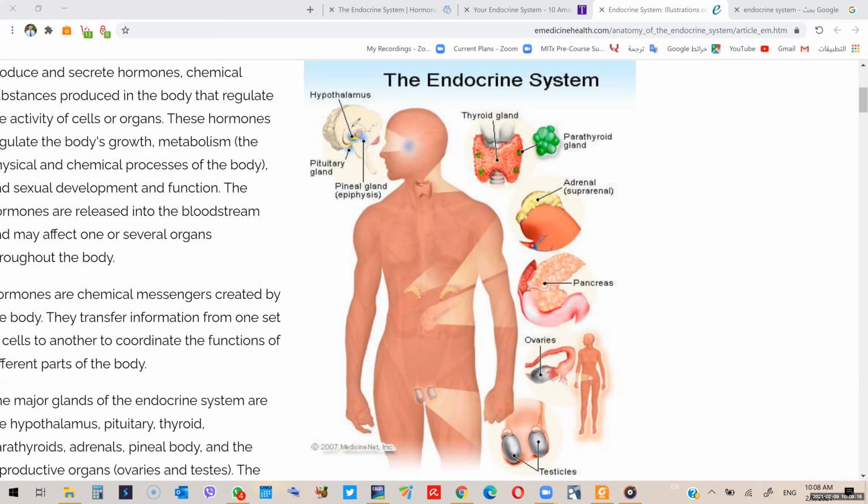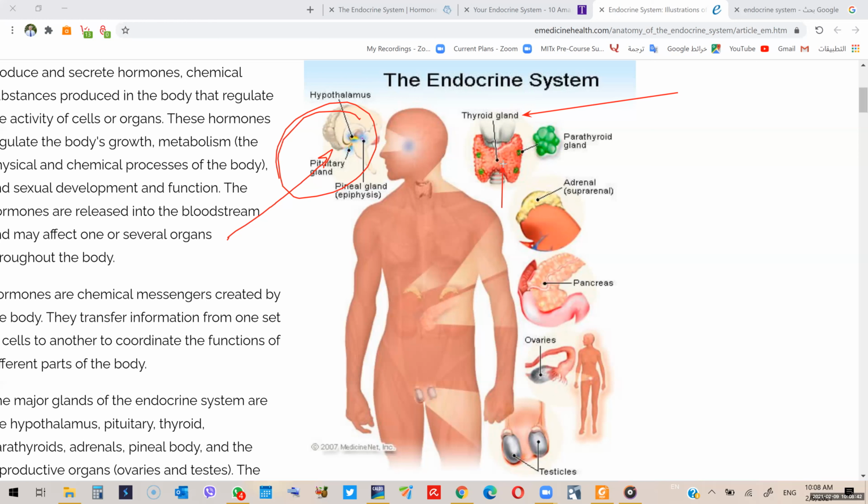Pituitary gland. This gland, at the base of the brain below the hypothalamus, secretes 9 hormones that control important functions. These include growth, blood pressure, and sexual functions. Thyroid gland. The thyroid gland, in the neck below the Adam's apple, controls how quickly the body uses energy and makes proteins.